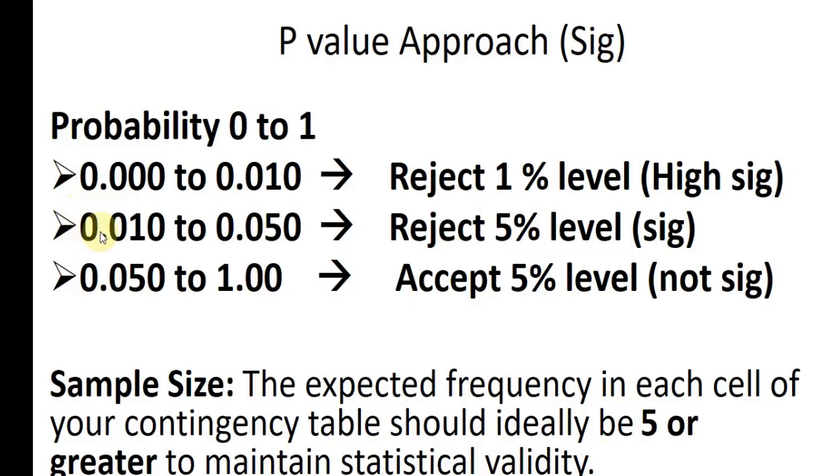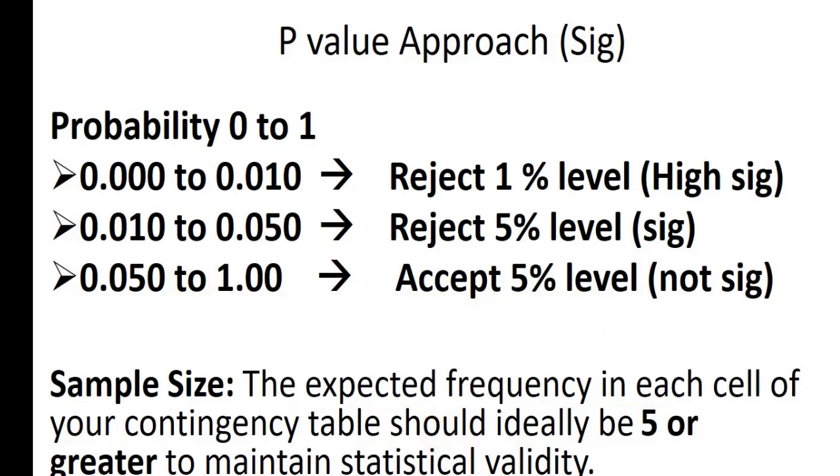If the result comes between 0.01 and 0.05, this time also we reject the null hypothesis, at the 5% level. If we get a p-value more than 0.05, we will accept the null hypothesis.